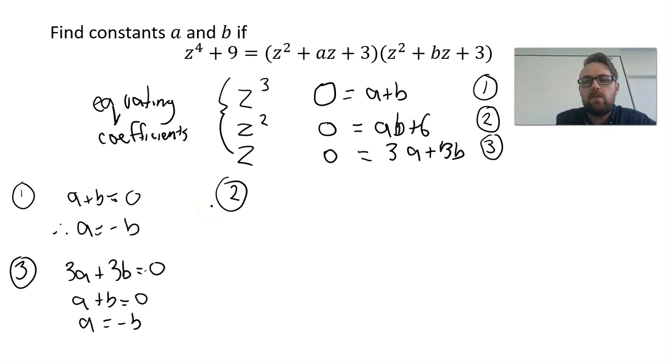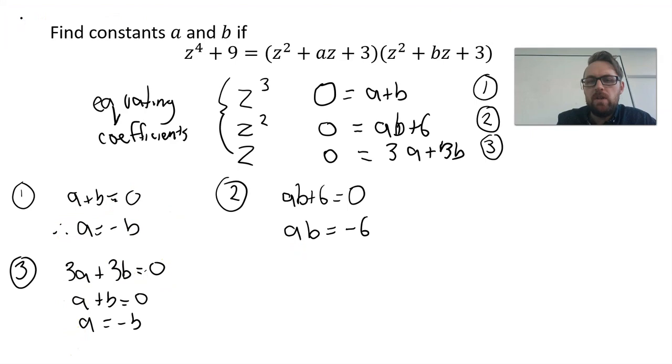So if I've got ab plus 6 equals 0, it means ab equals negative 6. Okay, and that's going to be really useful for us in our next little part when we combine these two things together.